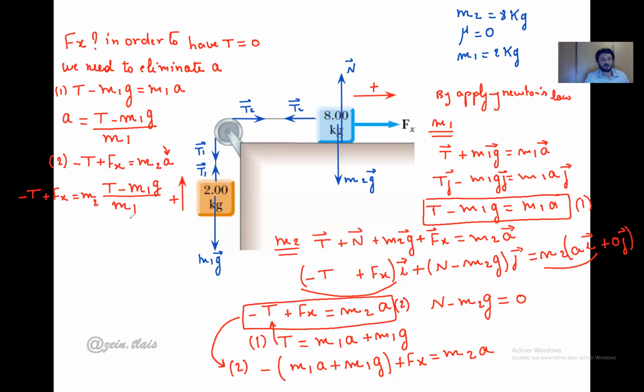Here we have to find the value of t. So minus t plus fx, we can say times m1, okay, minus t m1 plus fx m1 equals t m2 minus m1 m2g.